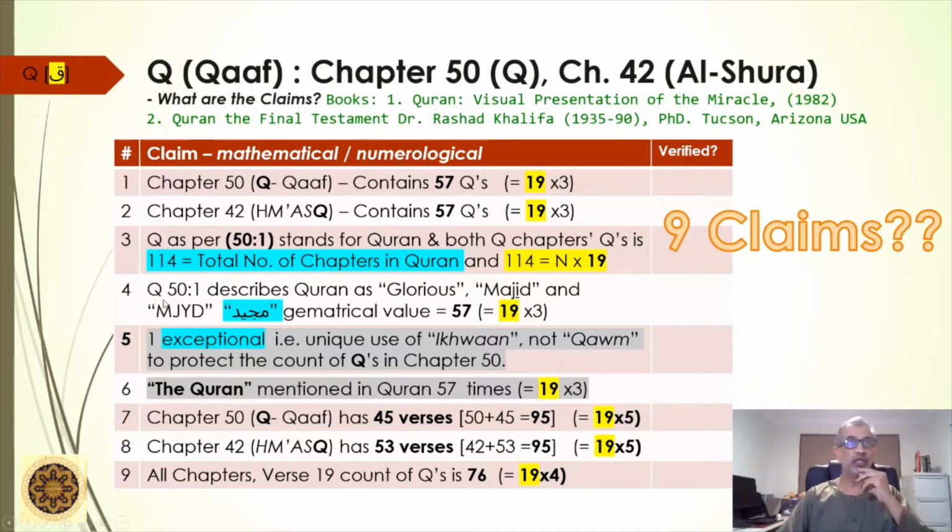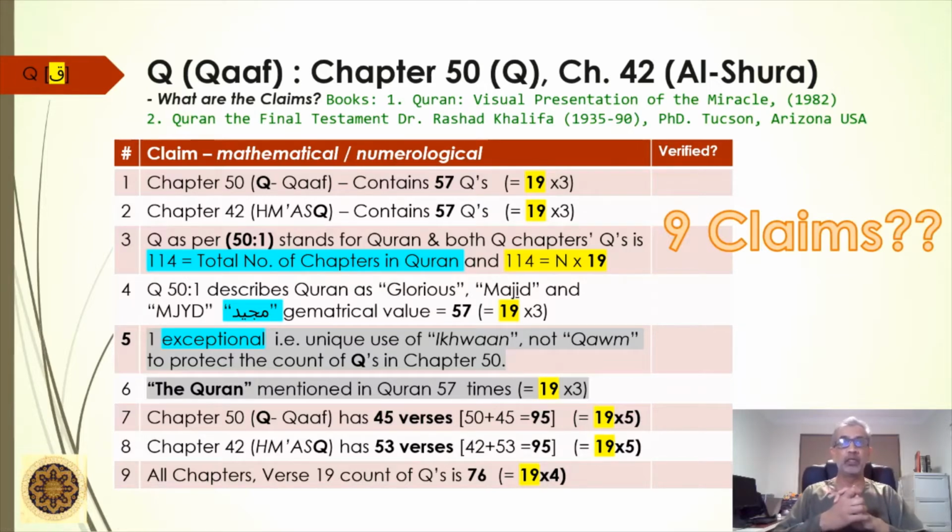Now the fourth claim is that chapter 50, first verse describes the Quran as glorious, and the Arabic word there is Majid, and the 4 letters, MJYD in English, if you like, or Mim, Jim, Ya, Dal in Arabic, has a gematria value of 57. So we'll do gematria later on. You can go to Wikipedia and look at gematria.